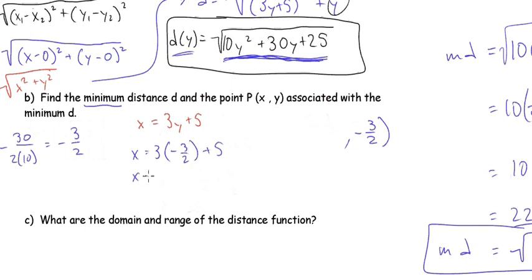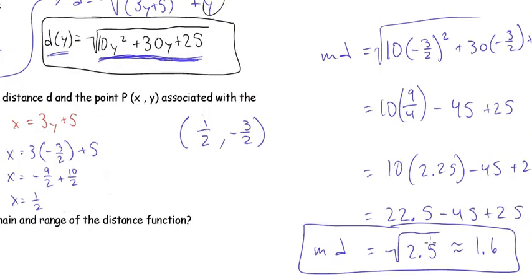That is x equals negative 9 halves plus 5, which is 10 halves, and we get x equals positive 1/2. So there's our x value, 1/2. Our minimum distance was the square root of 2.5, and the point associated with that distance is (1/2, negative 3 halves).